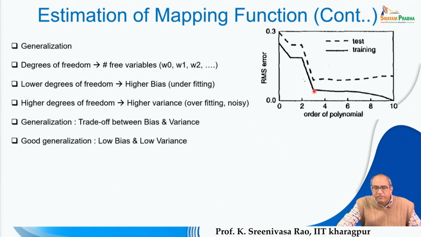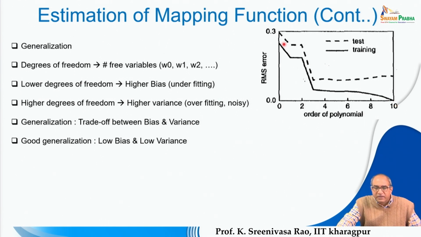From the cubic function, if you increase the order further, the error slowly decreases, and when you reach the 10th order polynomial, the error will be 0. It means that for a 10th order polynomial, all the training data points lie on the estimated function. So the training error will be 0, right.